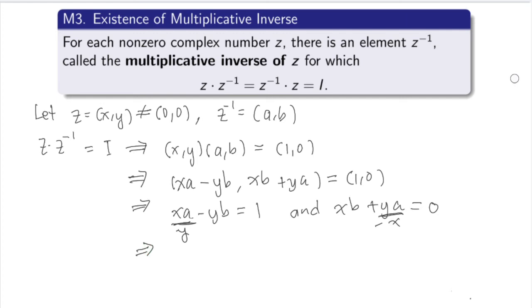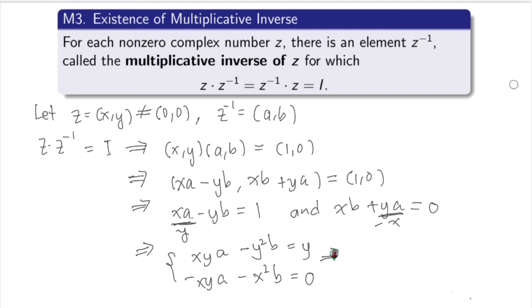So we have, for the first equation, XYA minus Y squared B equals Y. For the second equation, we have negative XYA minus X squared B equals 0.